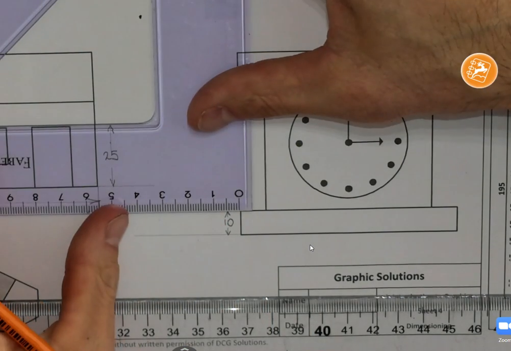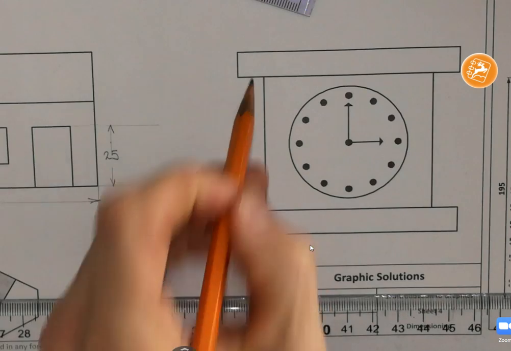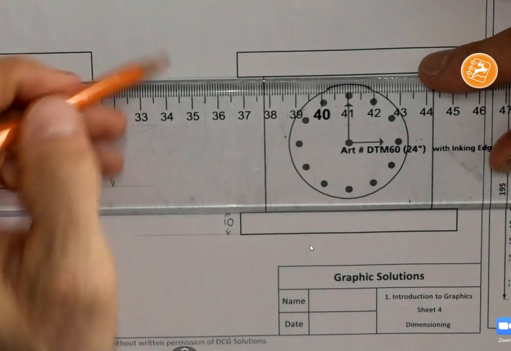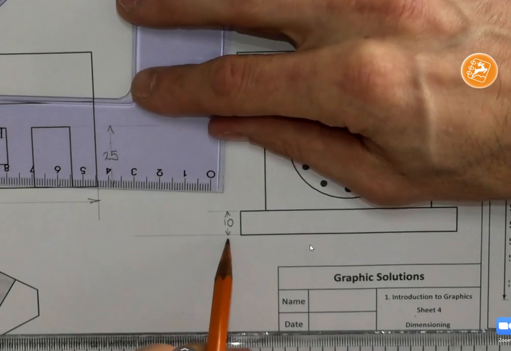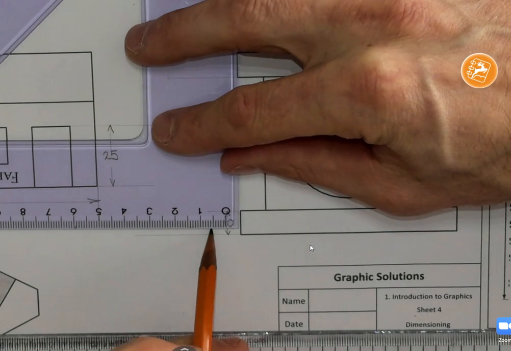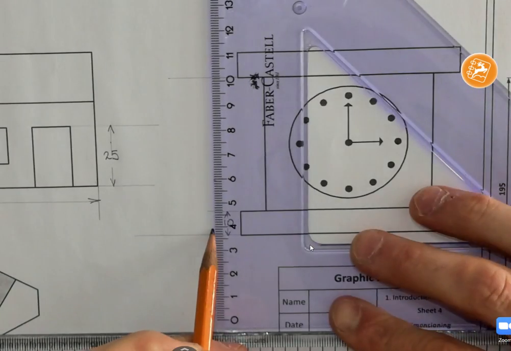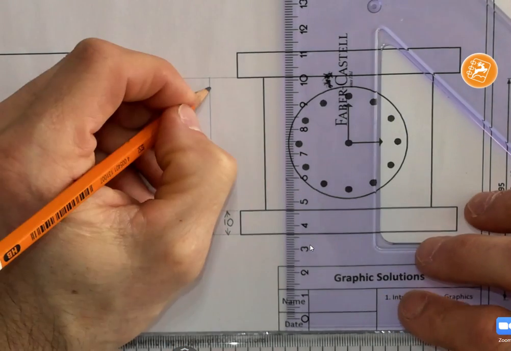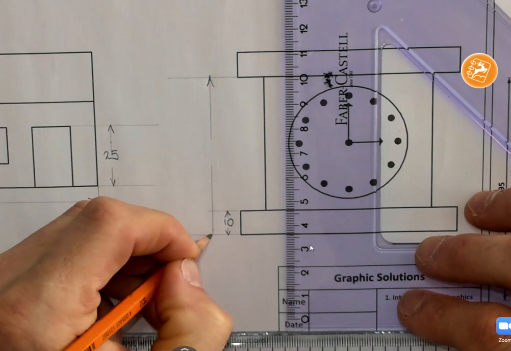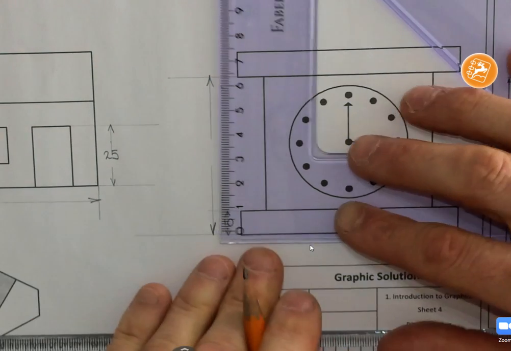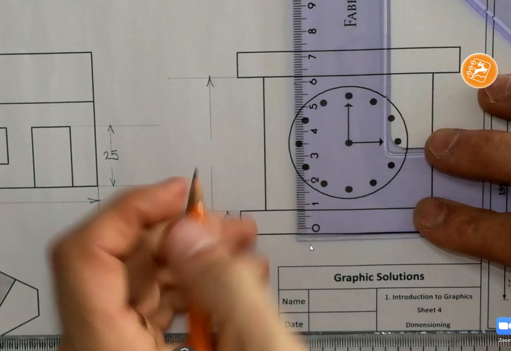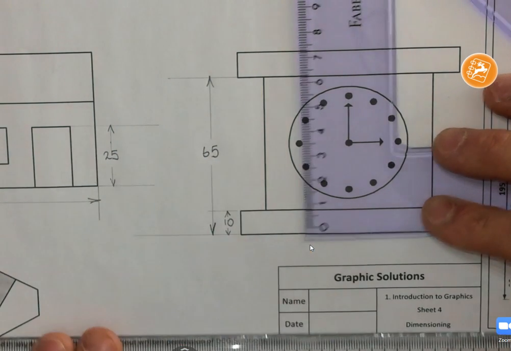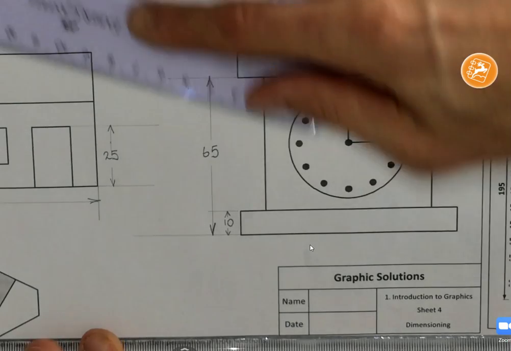The next thing what we'll do now is we're now going to measure this height from here to the ground. So extend out this line, which is here, and we're now going to measure out from here another 5, which is there, and draw our line up. We'll measure at 65. Okay, and let's do our last one.